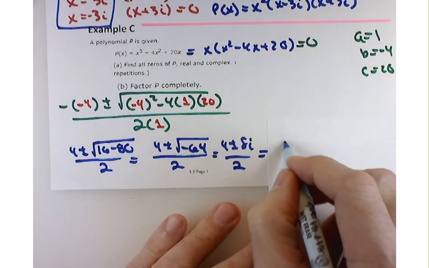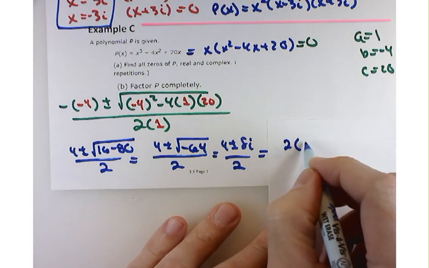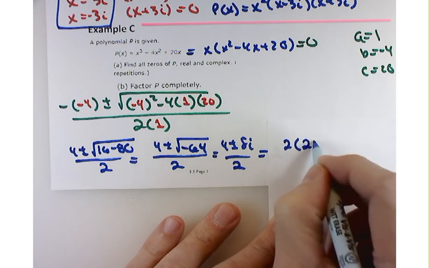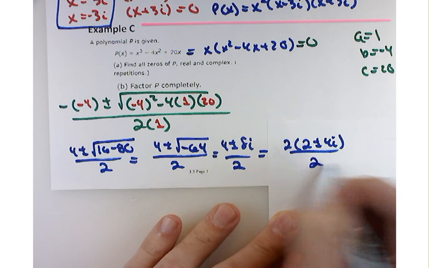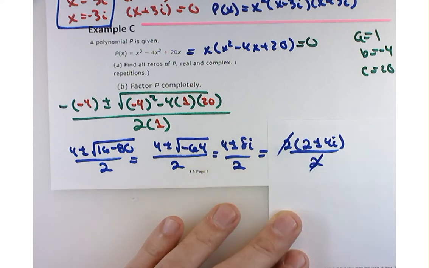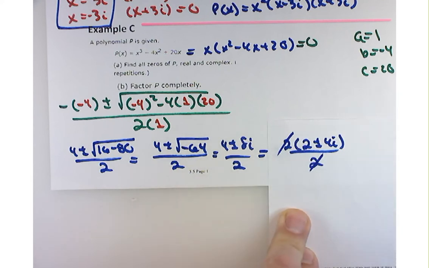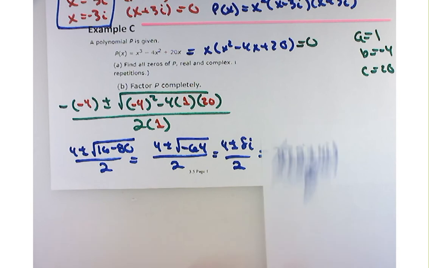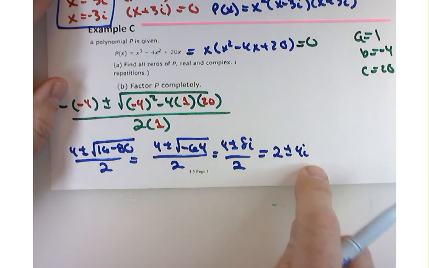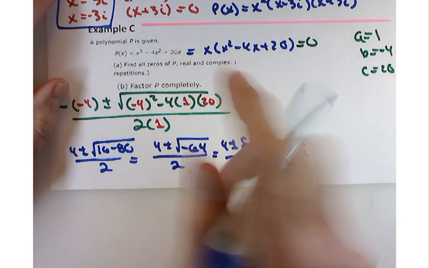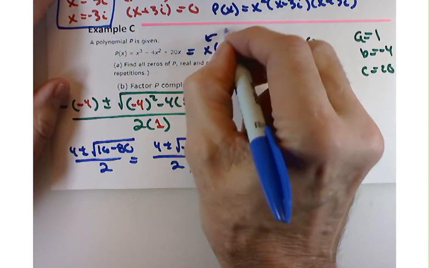You can factor out the 2, and that leaves behind 2 plus or minus 4i. And then those 2's cancel. Now, there are other ways you can do it. I just did it that way out of convenience. But here we go. Those are our 2 solutions combined with x equals 0 up here.